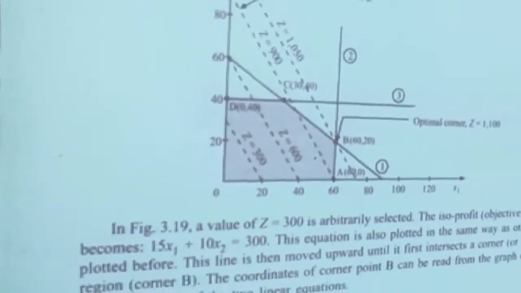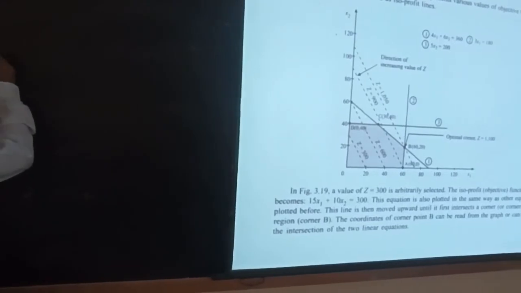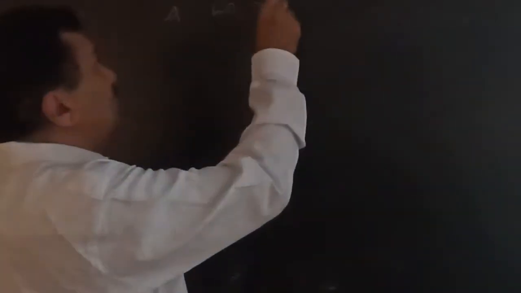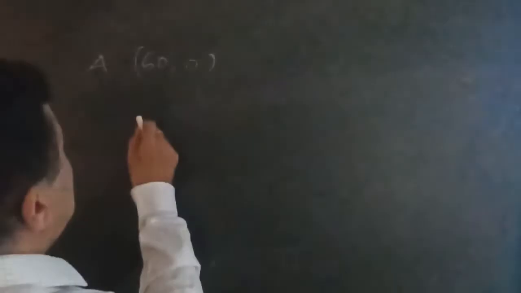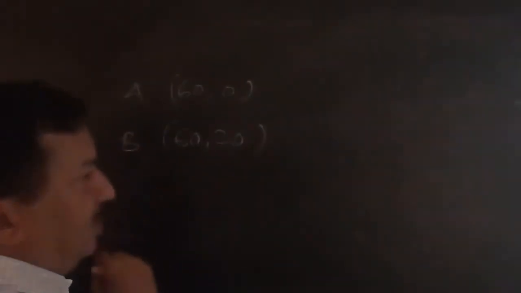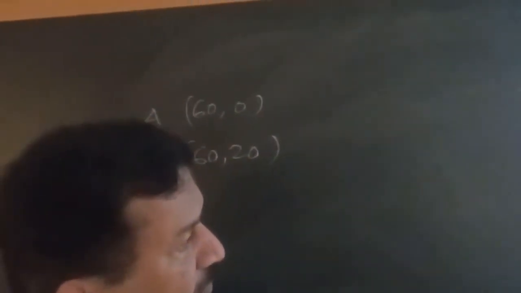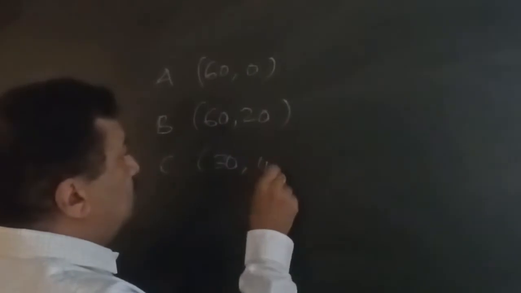So let's look at the points. What are the coordinates of A? 60, 0: x1 is 60 and x2 is 0. The second point is B, which is 60, 20. The third point is C, 30, 40.